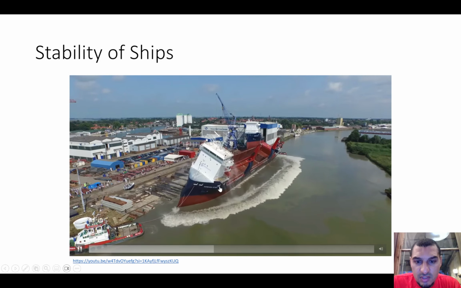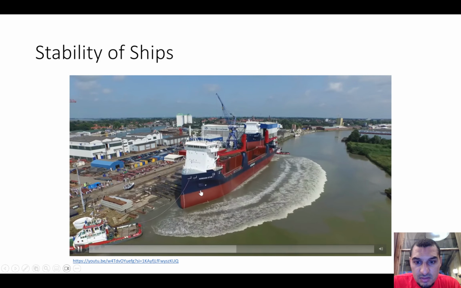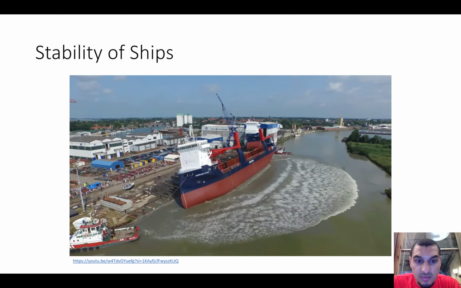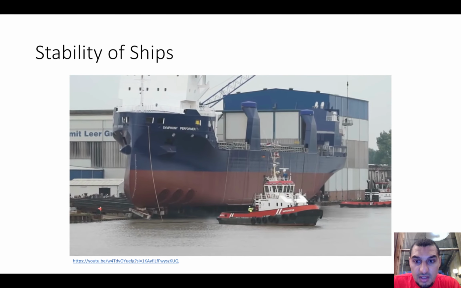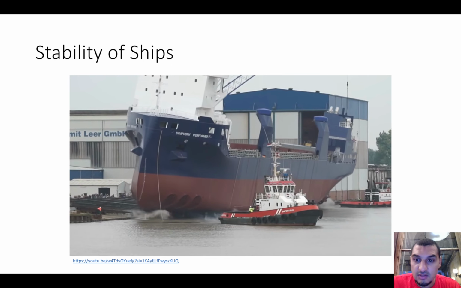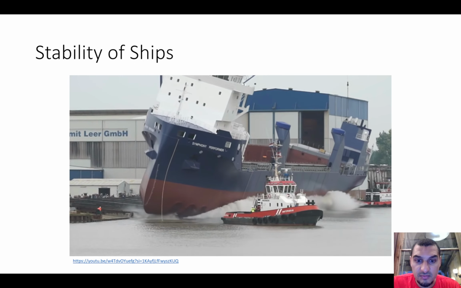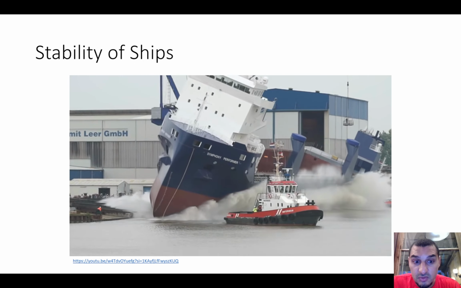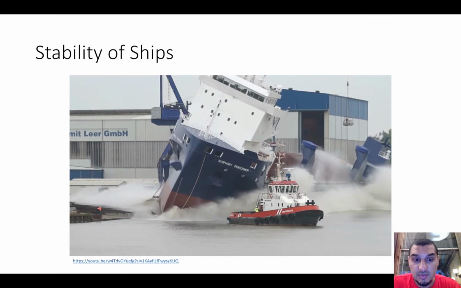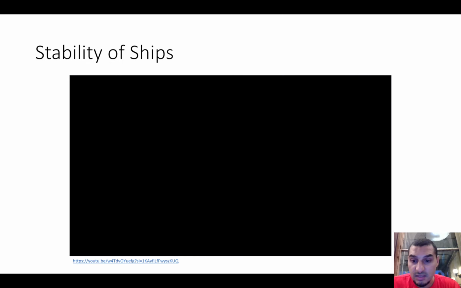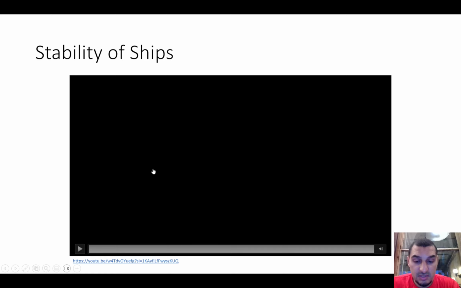You might think that it's going to sink, but because of the design of the ship to have a restoring moment, the ship can restore its state and go back to the original stable state.